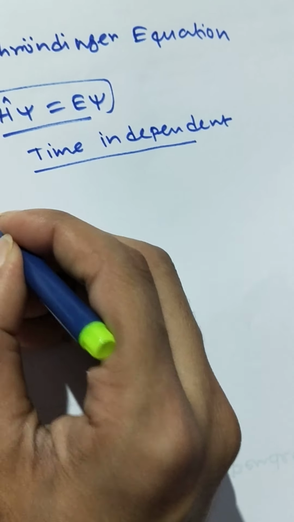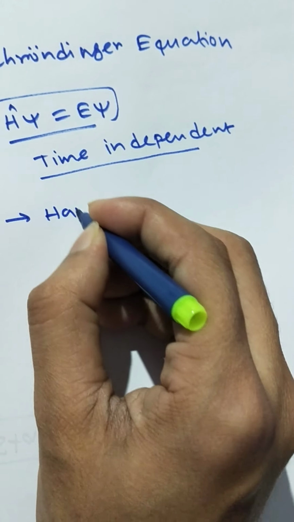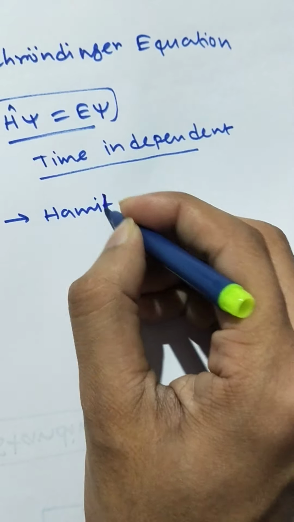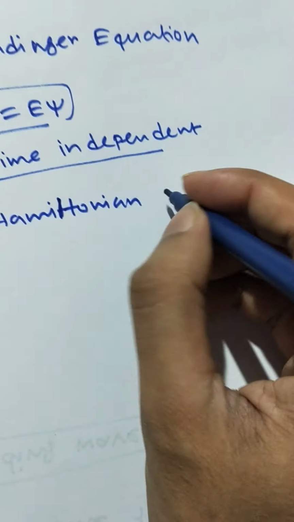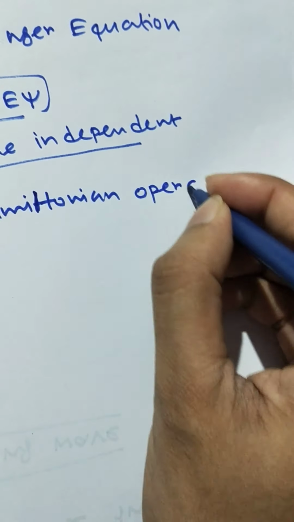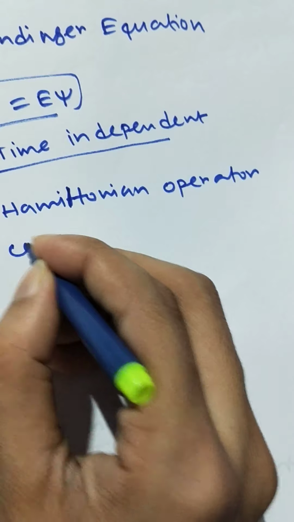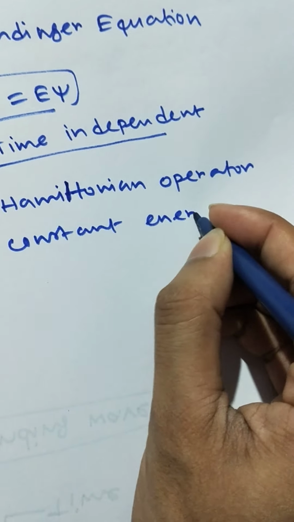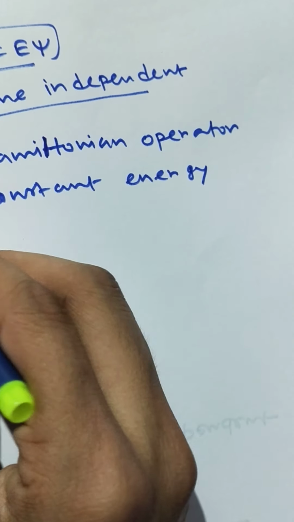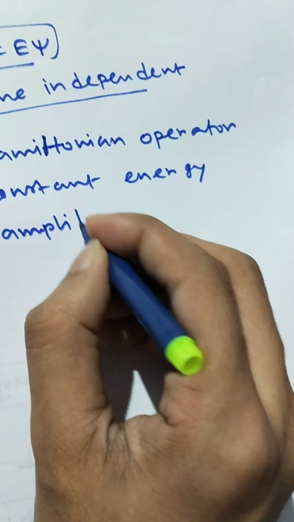Here H cap is called the Hamiltonian operator and E is the constant energy, where psi is the amplitude.